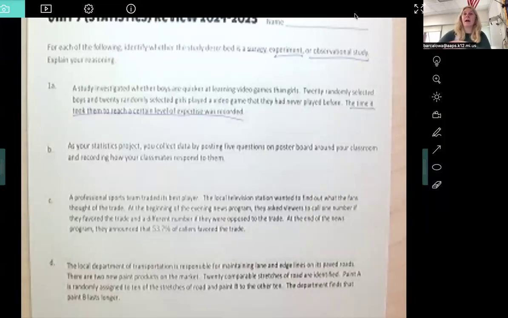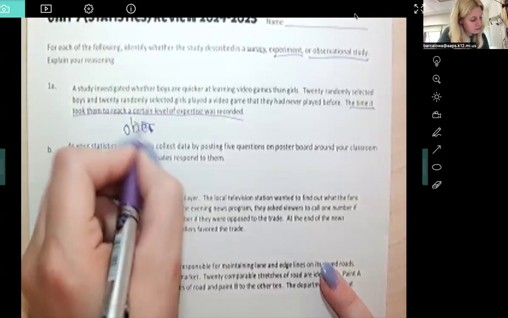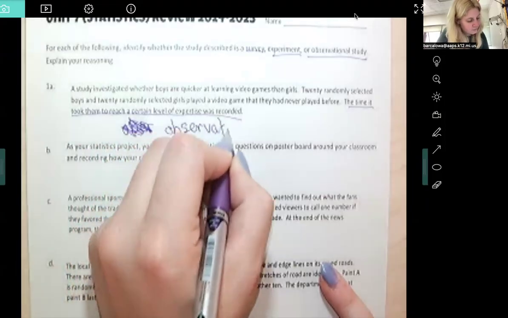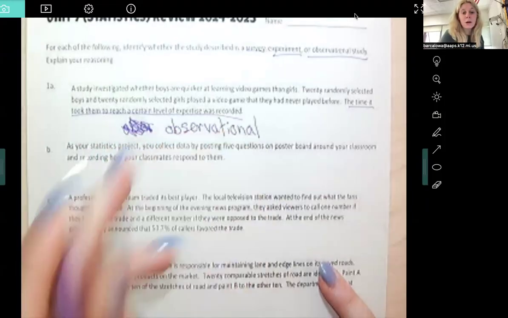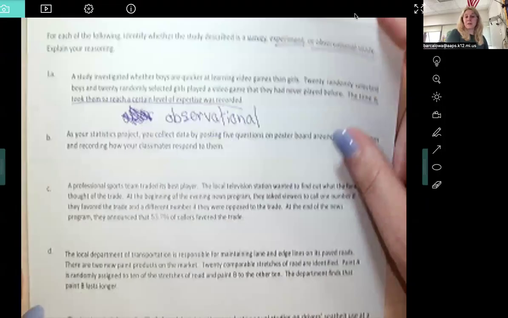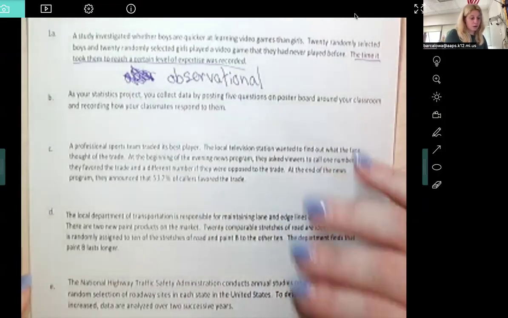It's not, I'm going to have a bunch of people show up, half of you are going to play a different video game than the other half. They are just observing the different ways that the boys and girls play. The researchers themselves are not forcing two groups, okay?